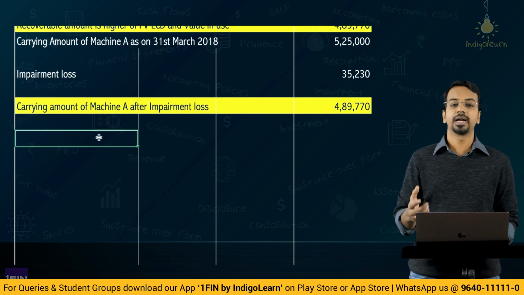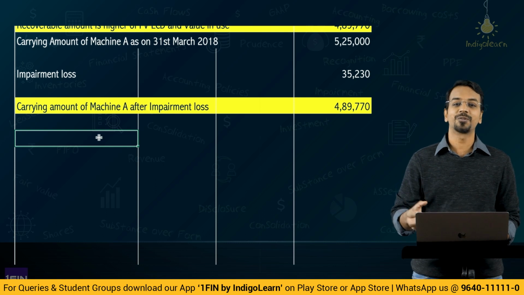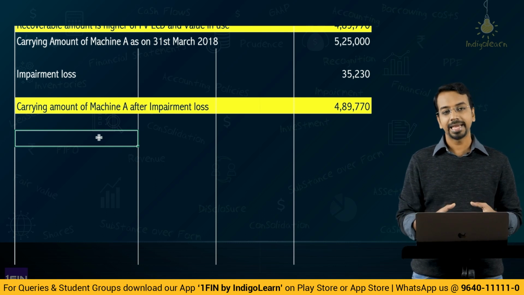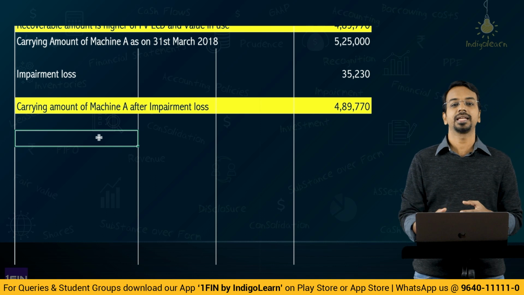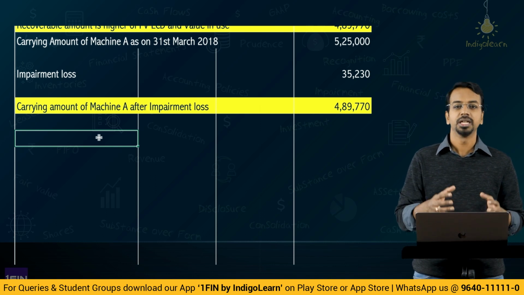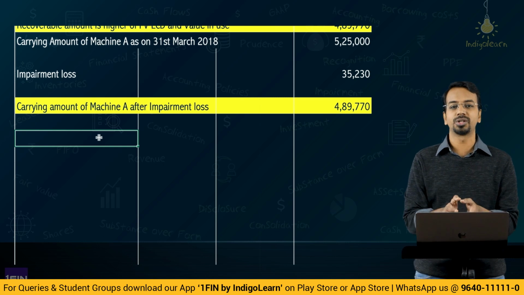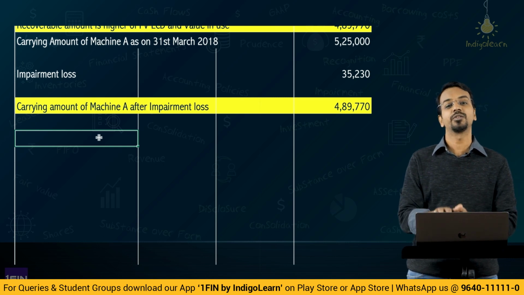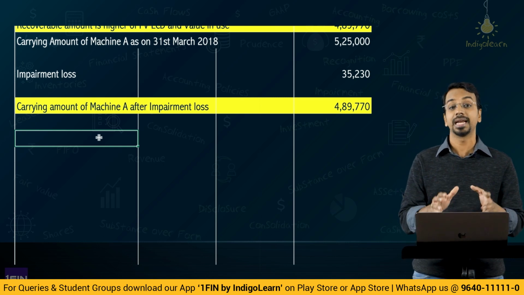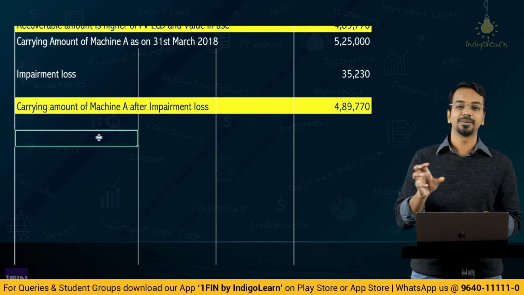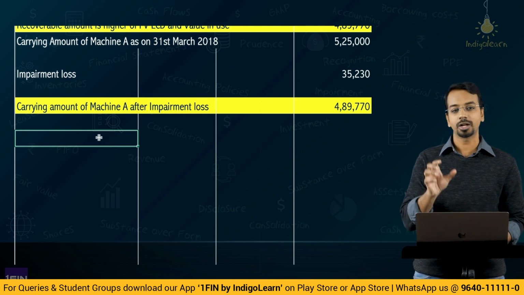Now moving ahead, when we have to test impairment for the CGU, what will we do? We will take the carrying amount of machine A, the carrying amount of machine B, the goodwill carrying amount, and the inventory carrying amount, and all of those put together, we will compare with the recoverable amount of the CGU, right? And once we get to that, we will see whether there is any impairment or not.